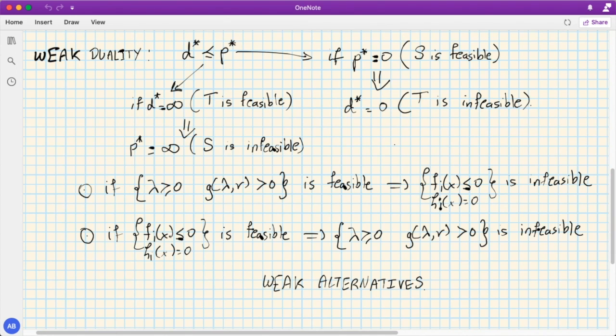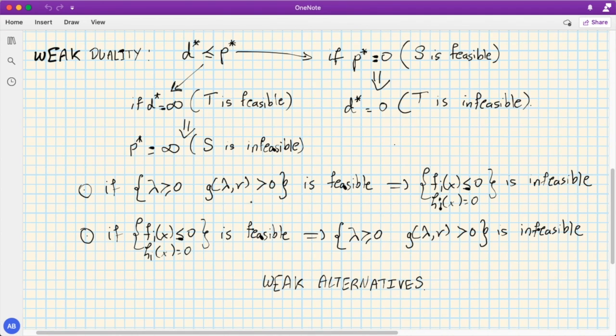So let's say your set over here is really complicated. Numerically, it might take a lot of time to figure out if this set has a candidate point that satisfies the constraints and thus it's feasible. So you might want to take a look at T instead, which might turn out to be easier. Now, let's say T is feasible.